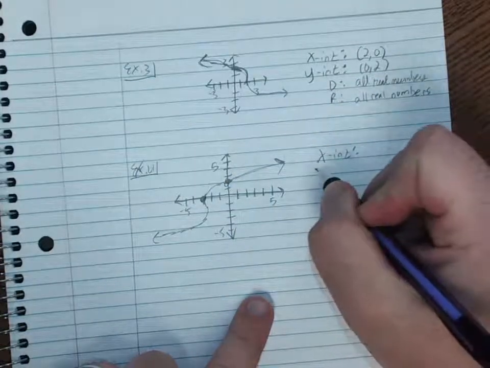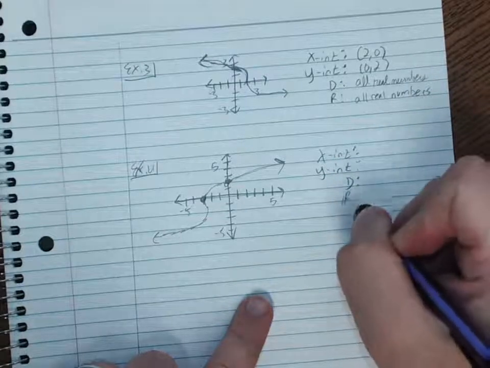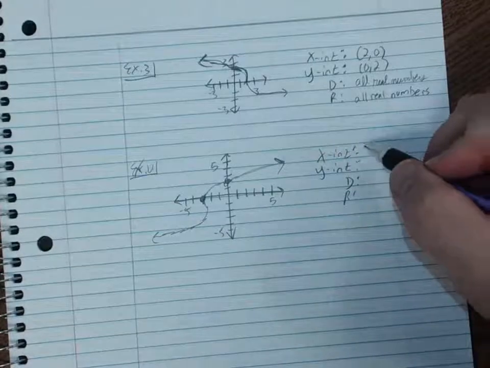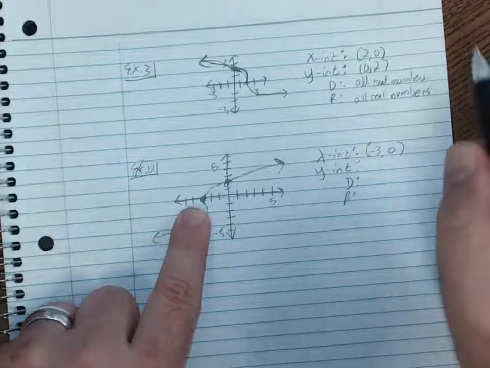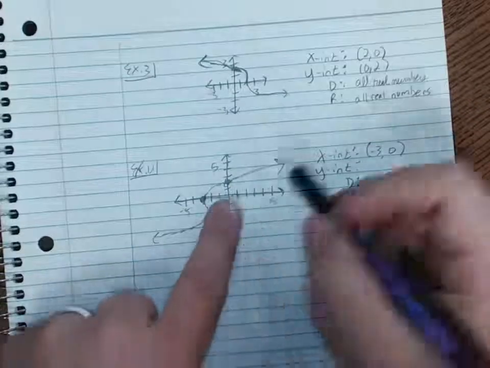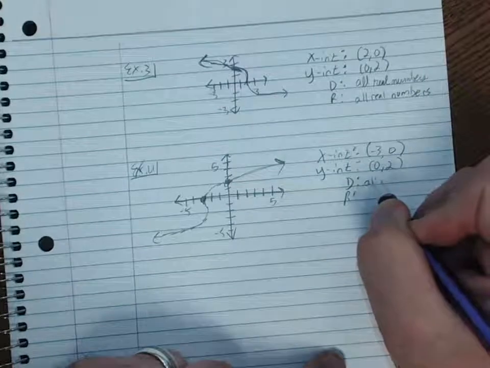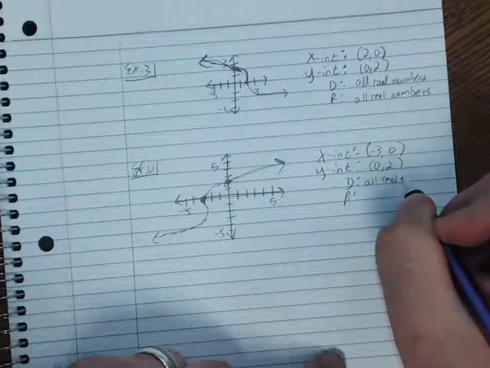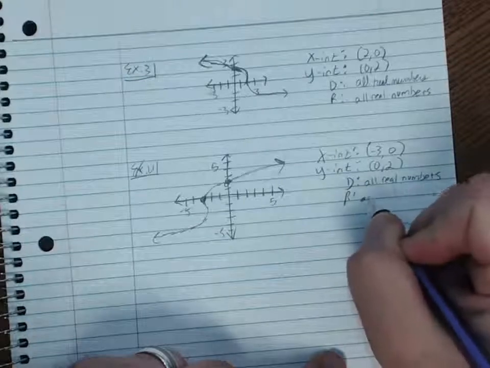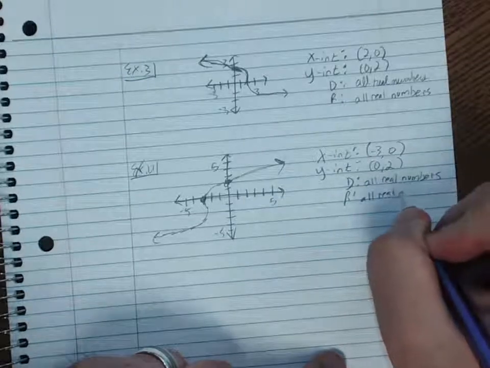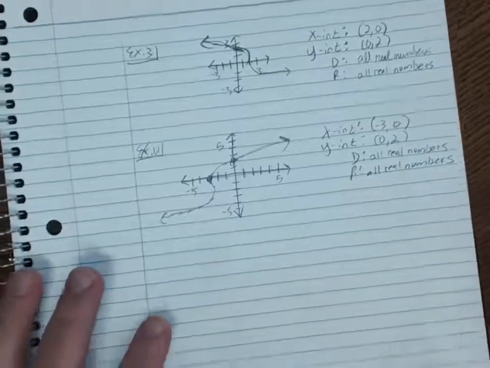X-intercept, y-intercept, domain, and range. So x-intercept is here at -3, 0. And the y-intercept is here at 0, 2. And again, our domain is all real numbers. And the range is all real numbers. That never, ever changes, ever.